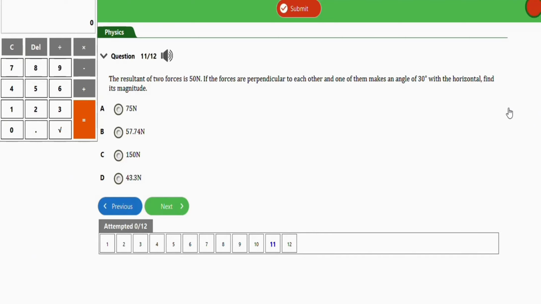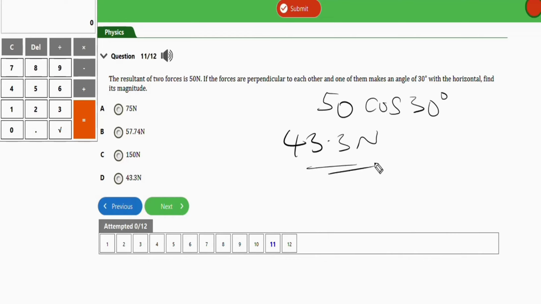When it's involving vertical axis, the problem should be solved using sine. So to solve this problem, we have the force with 50 Newton, so 50 cos 30 degrees. When you punch this on the calculator, you're going to have 43.3. So the correct option is option D, 43.3 Newton. That will be the answer to this question.